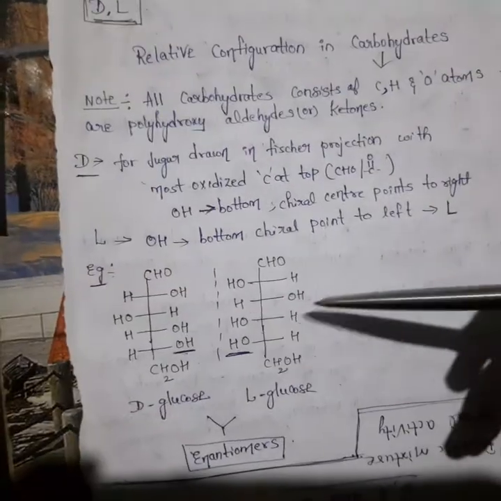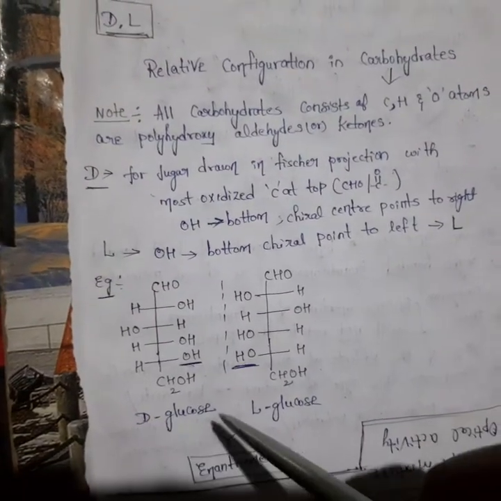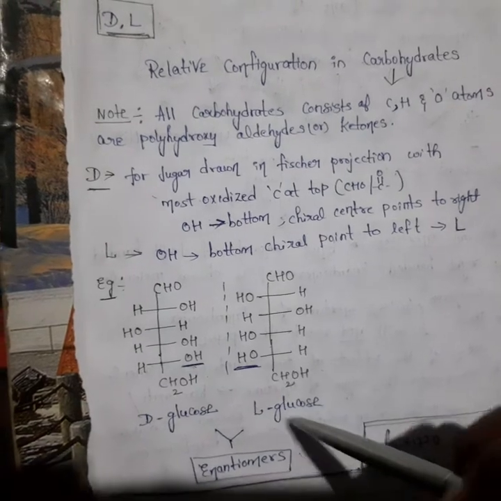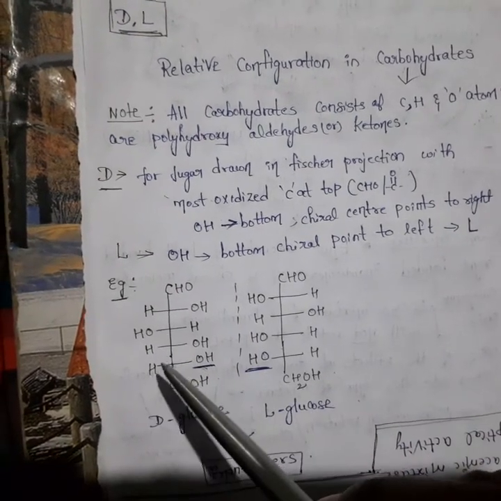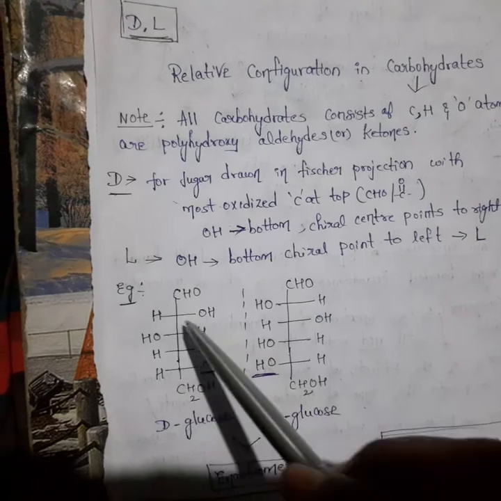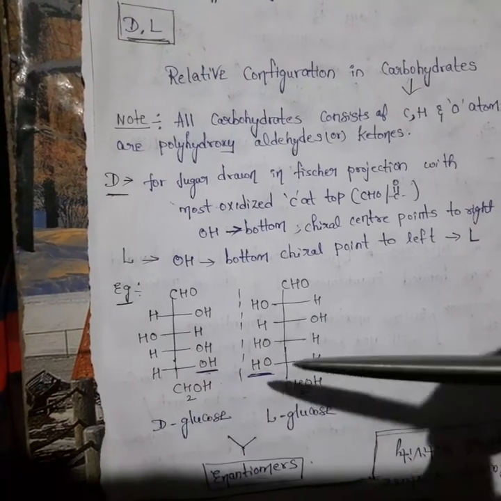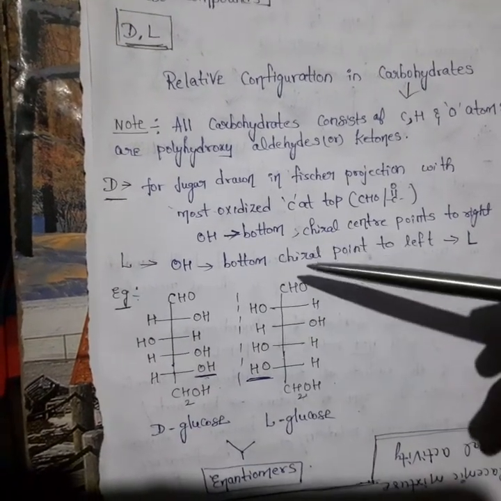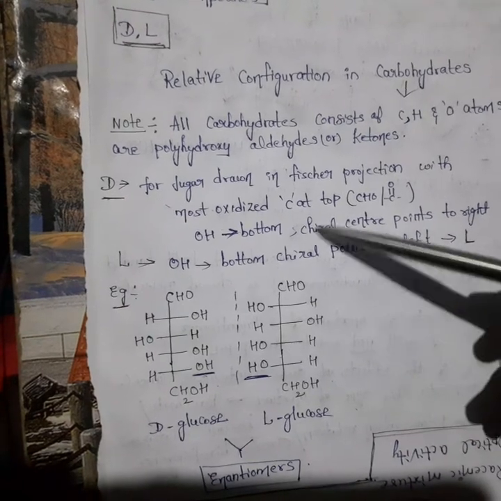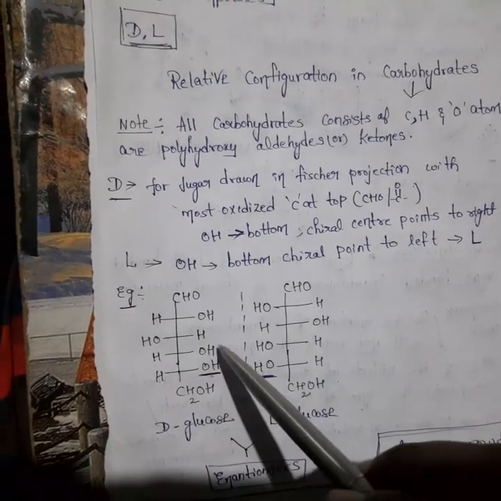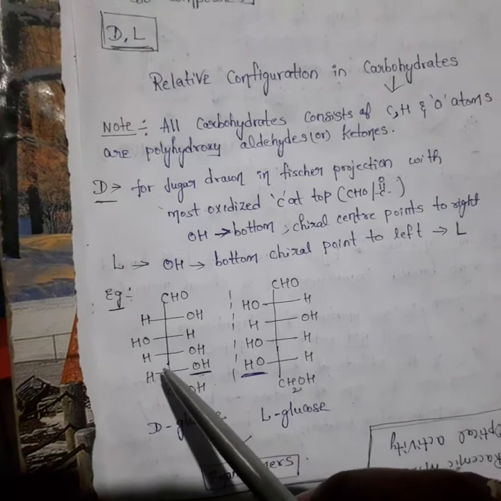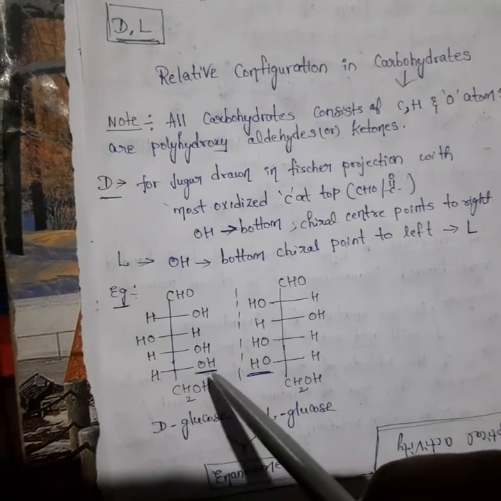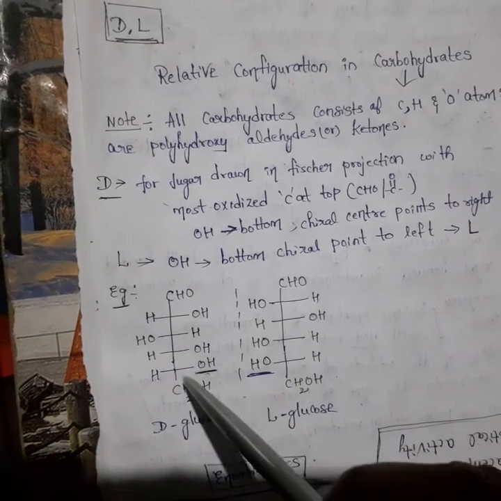Let us take this example. This is D glucose and L glucose. See, if you observe here, this is the most oxidizable group and it is present at the top. Here also this is the most oxidizable group and it is present at the top. Let us observe this hydroxyl group. From the chiral center, it is present towards the right side.